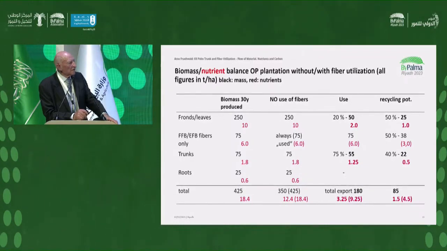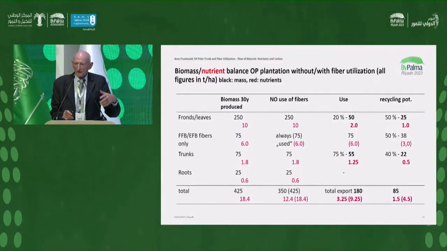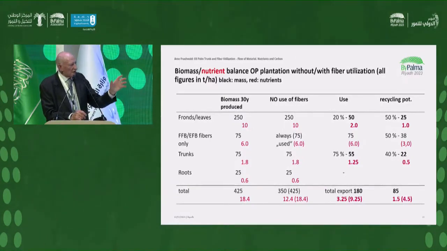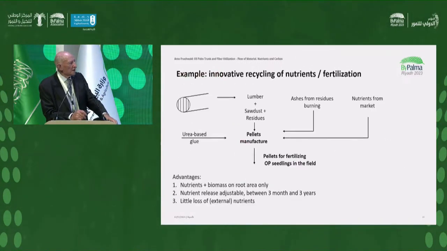And then we calculated the product manufacturing and everything, and we looked at how much residues we have available for likely return as a fertilizer. This was some kind of a balance.